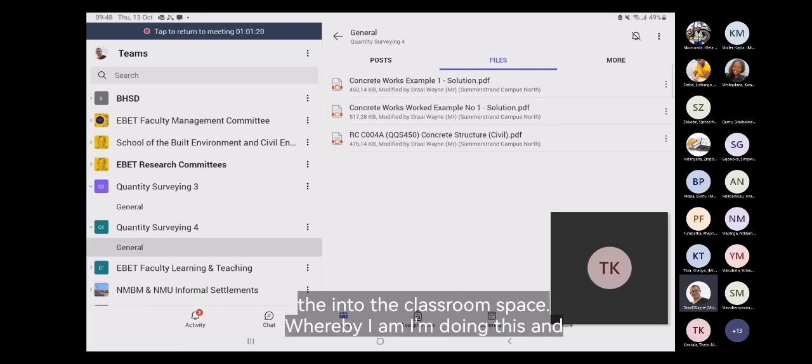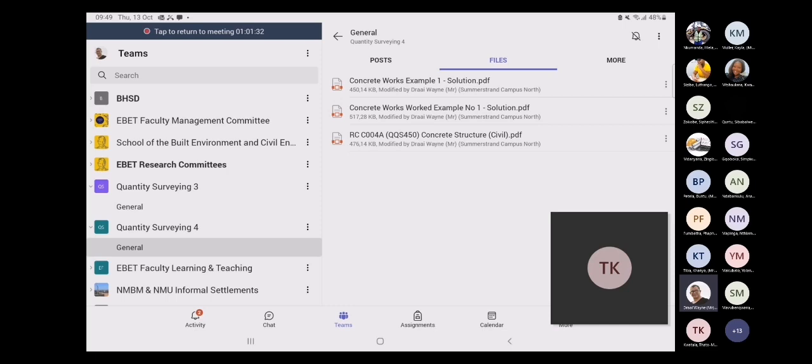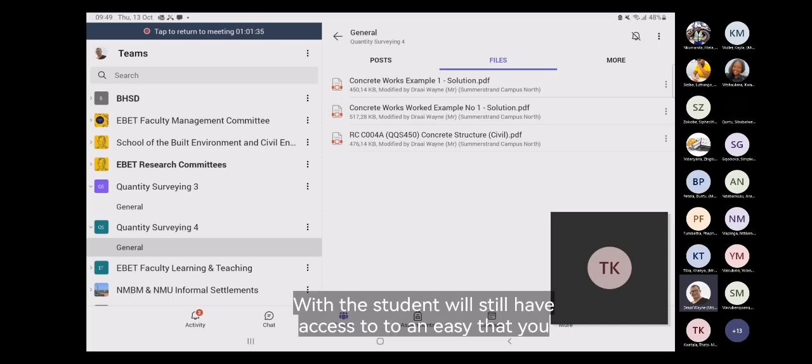As of next year we have been instructed to still have this blended approach where the students will still have access to what I would have lectured online, in the online space. But we are fully back here. I started doing this as more of a test run, but it works.